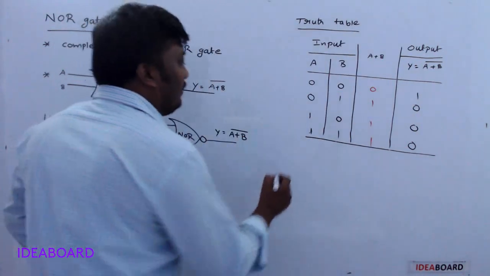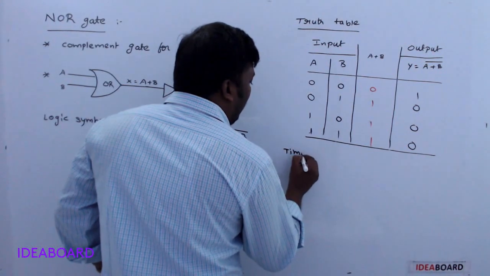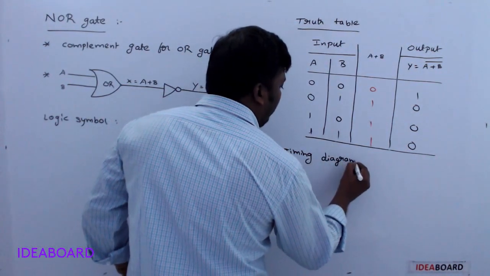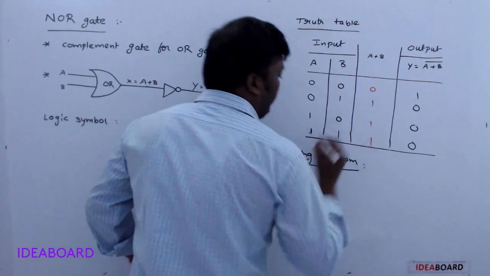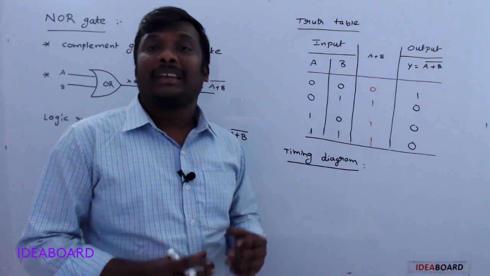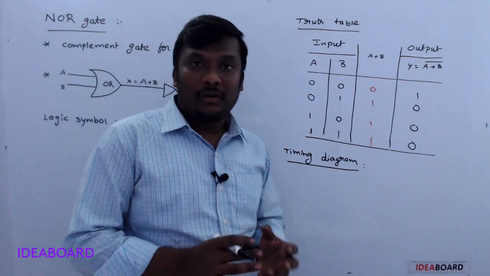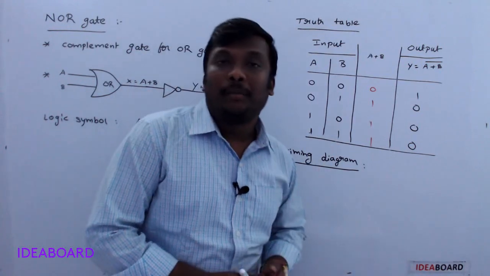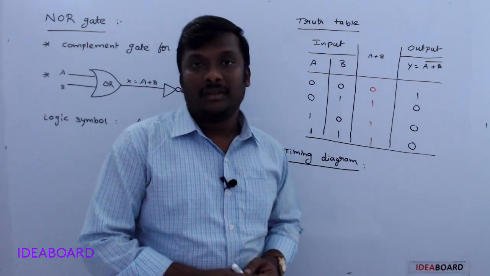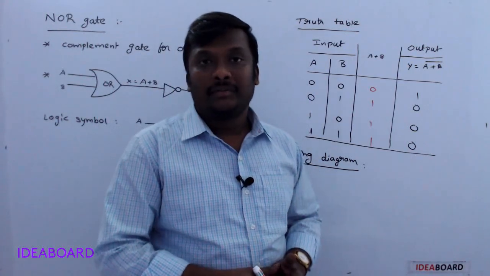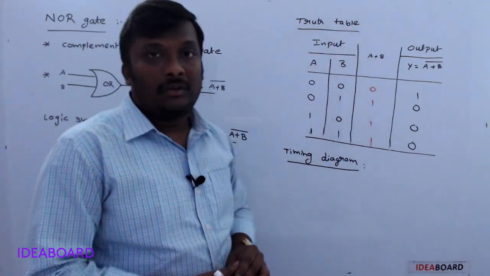Now let us see the timing diagram. We know the timing diagram is the diagrammatical representation of the input and output waveforms. How the input is there, how the output waveform is obtained by using this truth table.